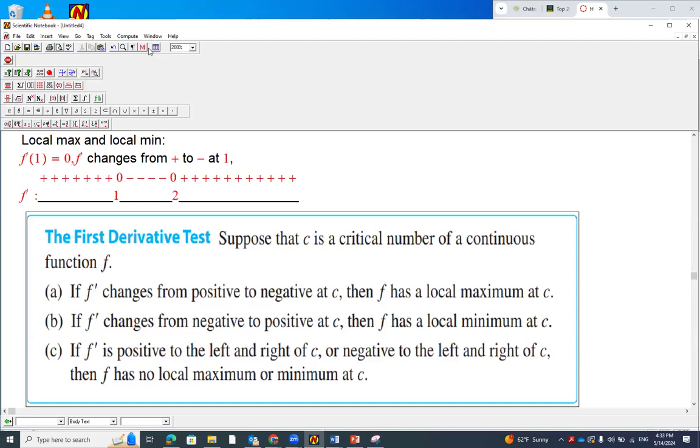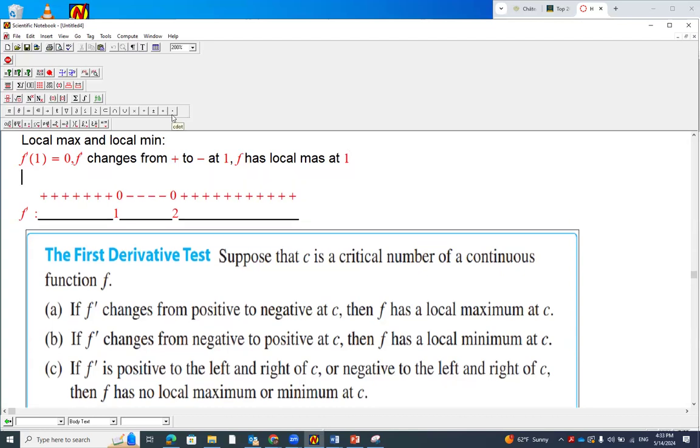Then you say f has local max at what? C is 1. Okay? And what is the value? Be careful. The derivative at 1 is 0. Derivative changes sign from positive to negative. F has a local max. Okay?